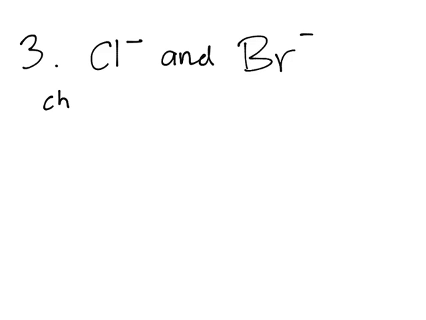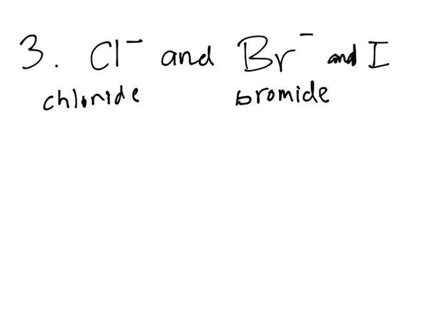So it's saying that Cl minus, chloride, Br minus, bromide, as well as I minus, iodide, will be soluble.